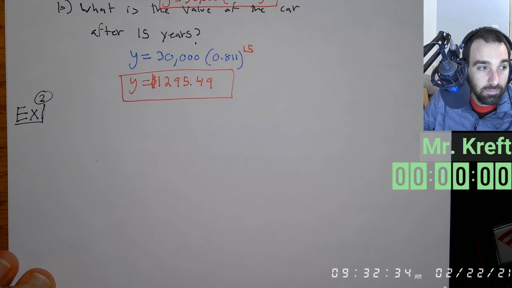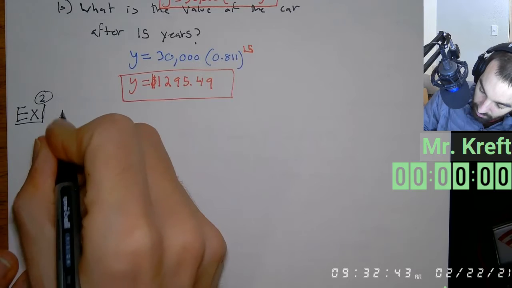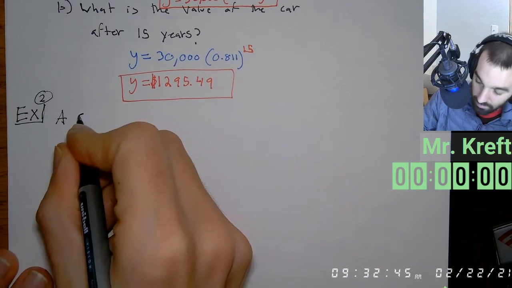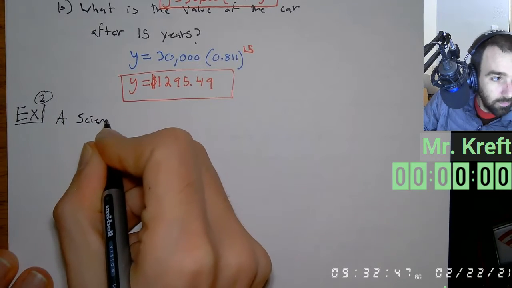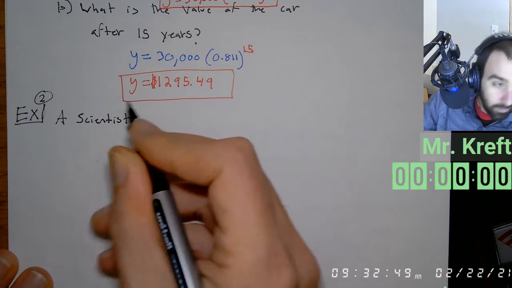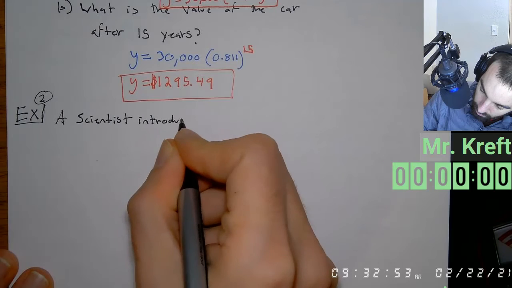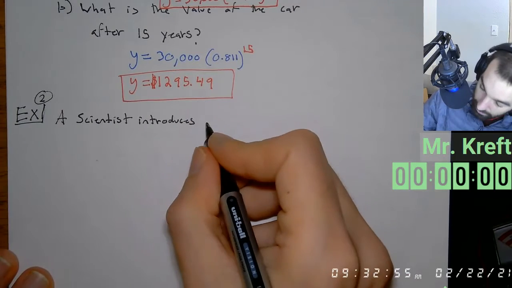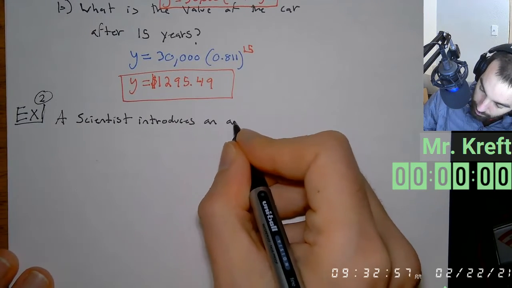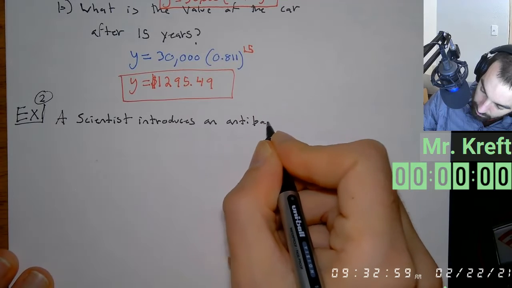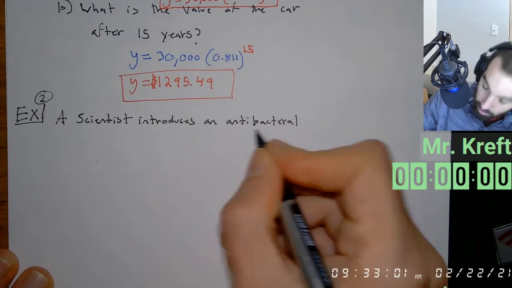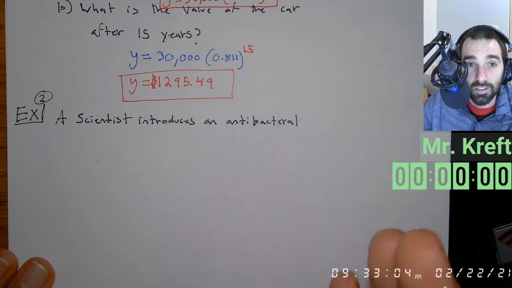So let's say a scientist introduces an antibacterial. An antibacterial is like penicillin.